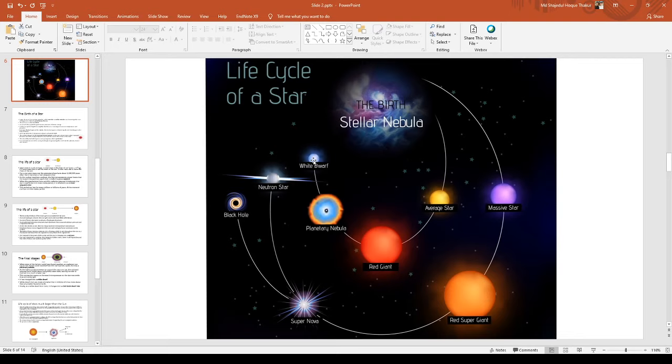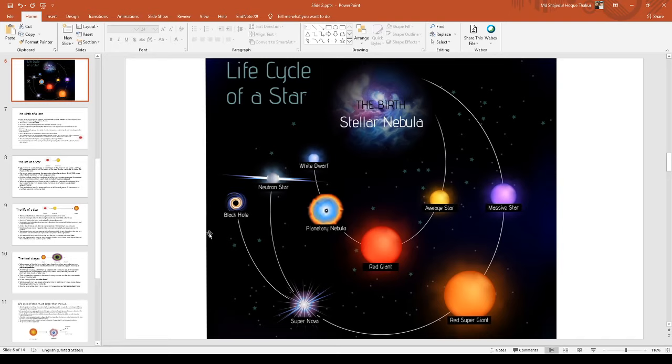And if the star is much bigger, by bigger I mean much more massive than the sun, in that case it will follow this life cycle: starting from nebula again, to massive star to red supergiant to supernova, and then to either a neutron star or a black hole.